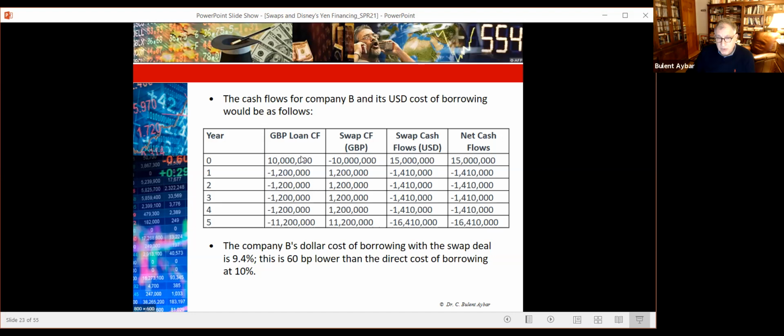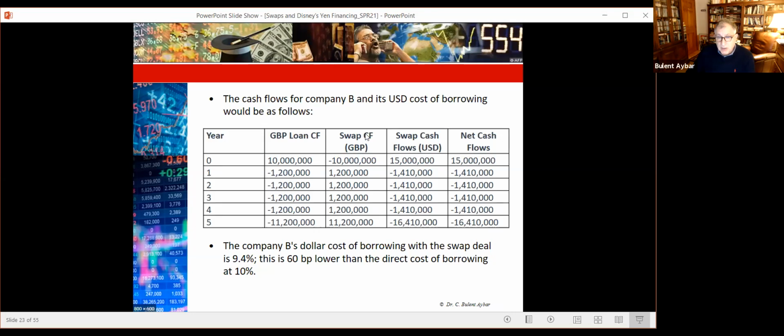The loan is at 12% interest, and the company will periodically make 12% interest payments on that 10 million principal. Eventually, it will also have to pay the principal back. So these are the cash flows associated with company B's original loan.